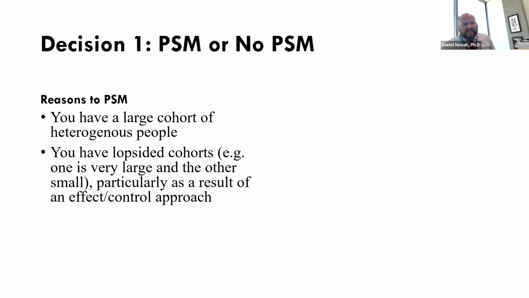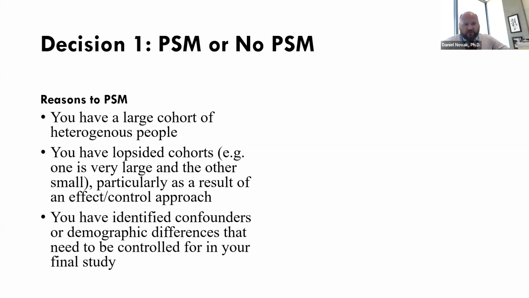The problem with that, again, is that using an effect control model for this can be a reasonable idea. It can be the only way to answer some of the questions you might have. However, the amount of random chance in those very, very large cohorts versus very small cohorts might mean that propensity score matching is essential to helping you reduce the amount of random variation in your group.